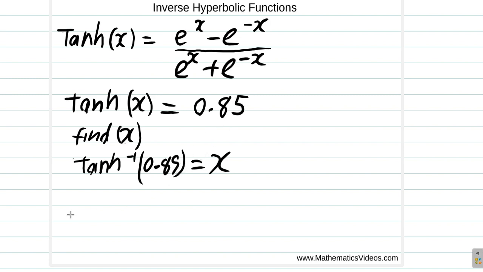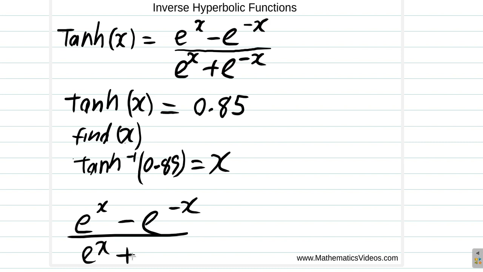Let's complete this calculation first. e to the x minus e to the negative x divided by e to the x plus e to the negative x is equal to the tangent of x, which is 0.85. All right, so you see that?